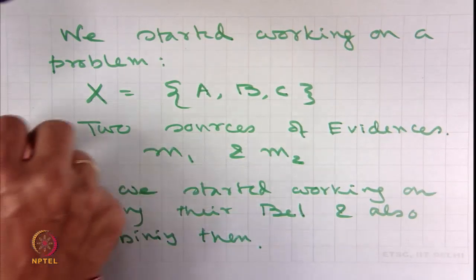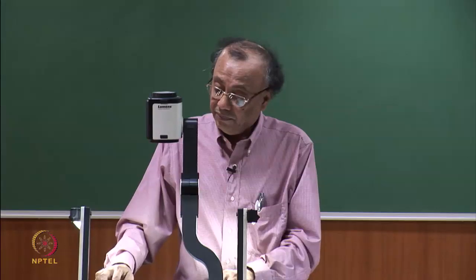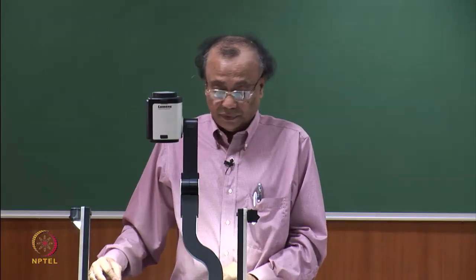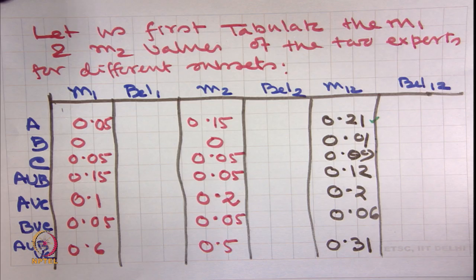In this respect, we have come to this table, where the M1 evidences for different non-empty subsets are this, M2 evidences are this, and using the formula we have calculated the combination of the evidences for different subsets of X.